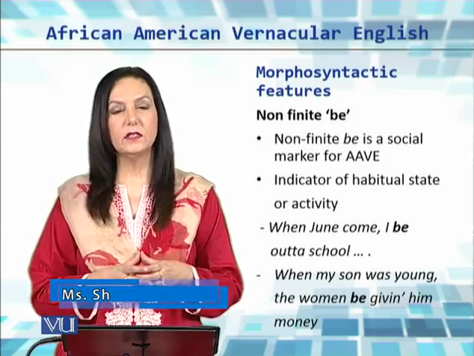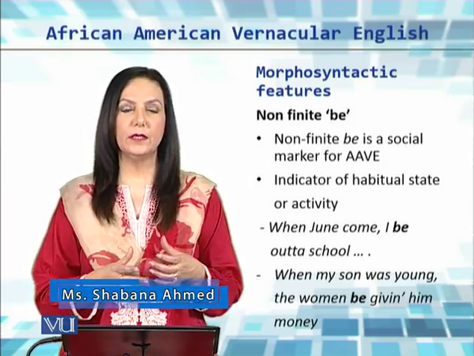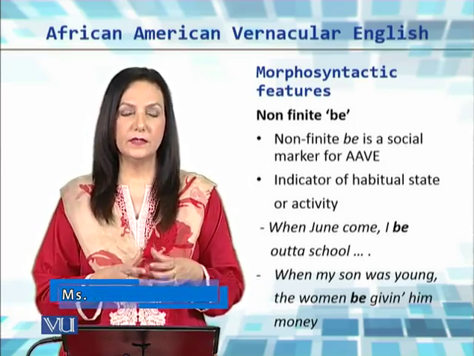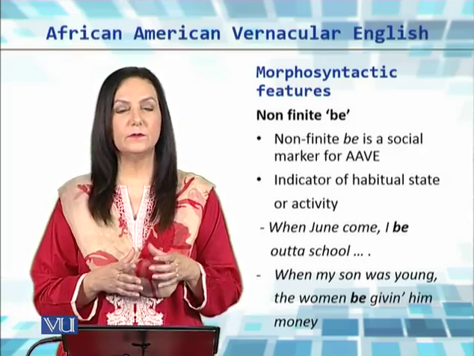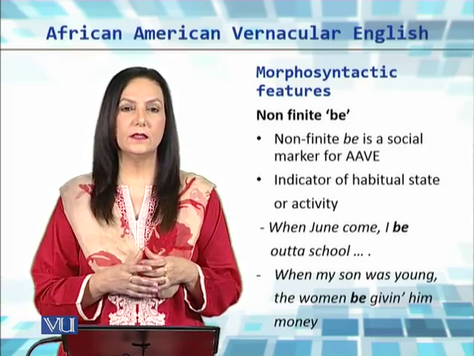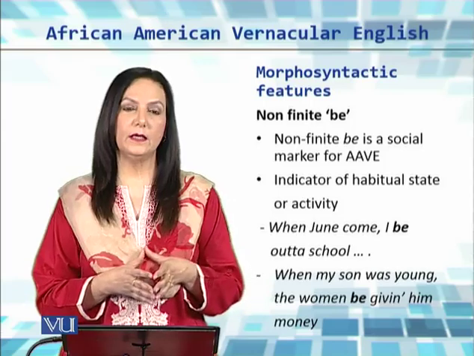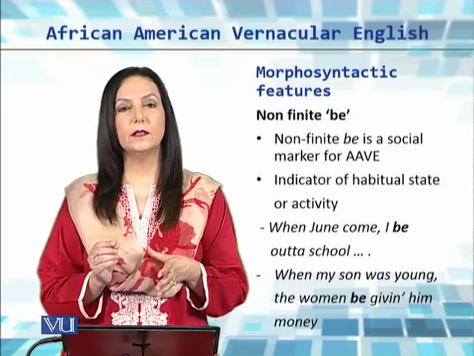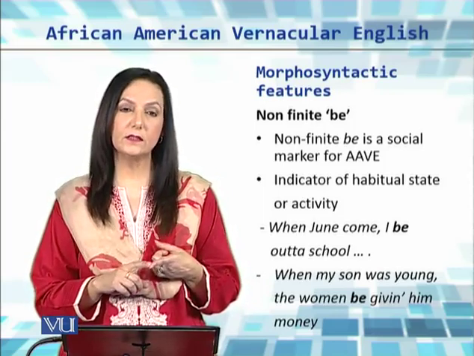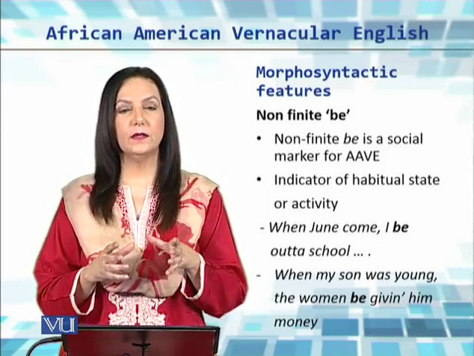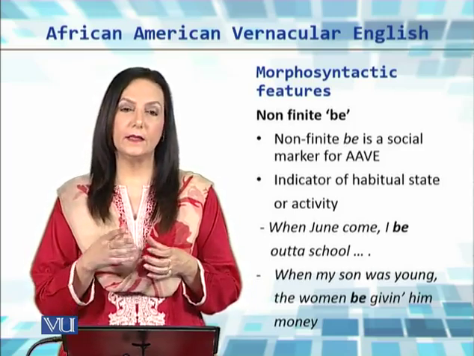One such feature is the use of non-finite be. Now in English we have two kinds of verbs, finite verbs and non-finite verbs. Finite verbs are the verbs which show tense, person and number. For example, when you say he likes cricket, the verb likes shows the present tense because we use s with third person singular in the present tense.